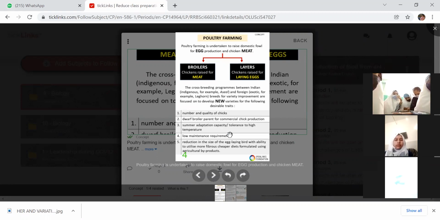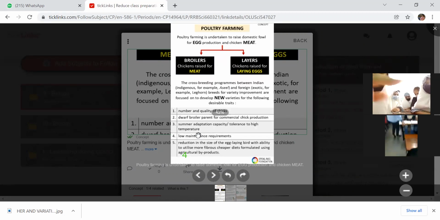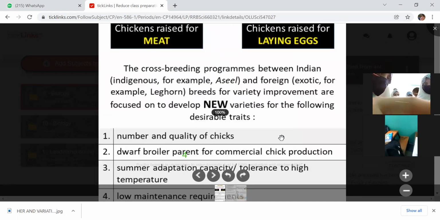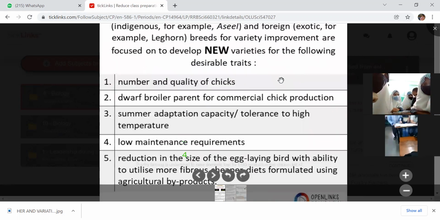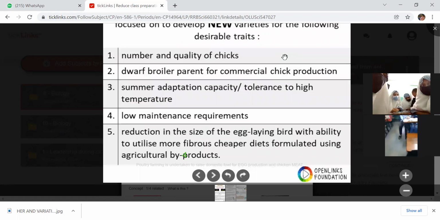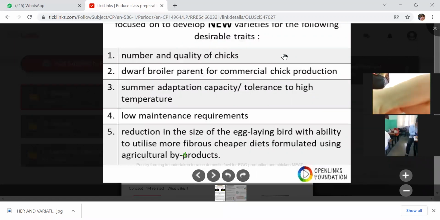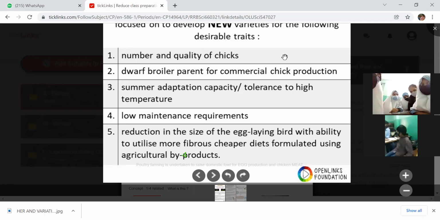What were the desirable traits? You just see this and tell. What were the benefits of the new bird that came from the crossbreeding of Leghorn and Asil? So I want Nida to read this. What are the benefits you see in it?